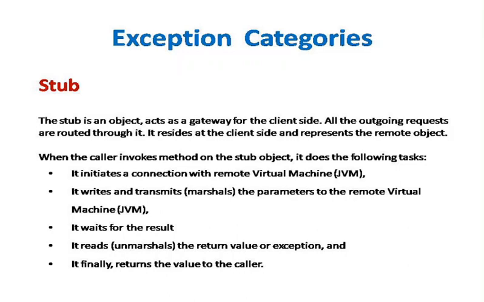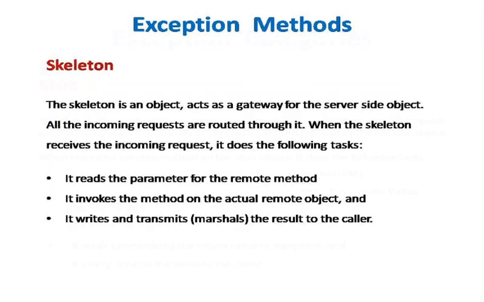That conversion of our request to the server is called marshalling. We do the marshalling on the stub side, and the stub waits for the result and unmarshals the return value sent by the server, and finally returns the value to the caller, that is, the client.